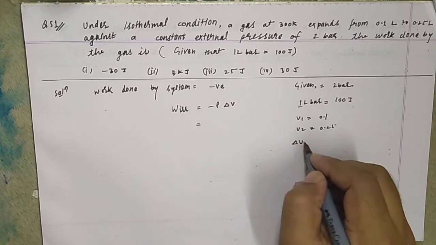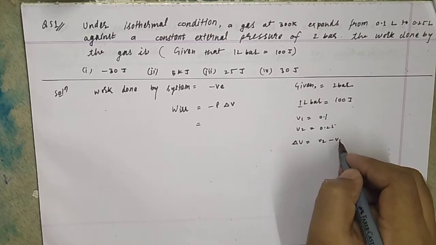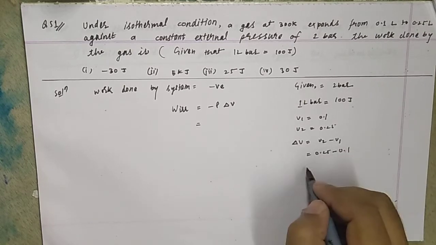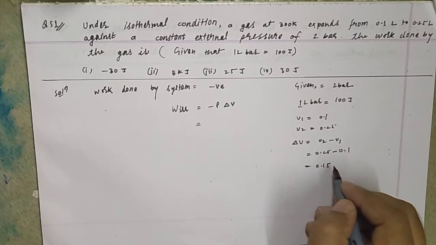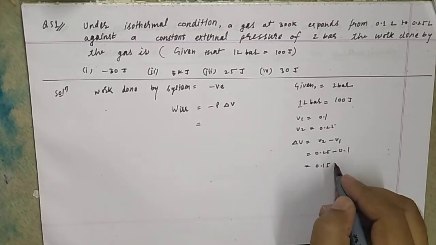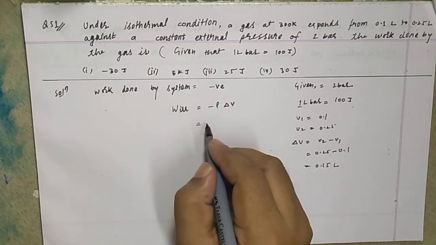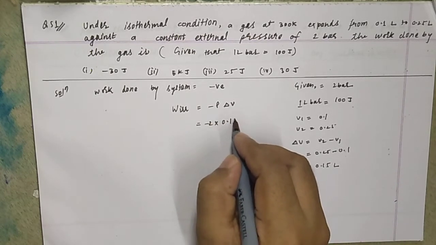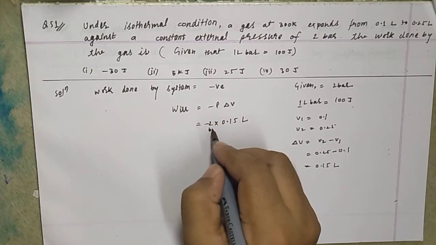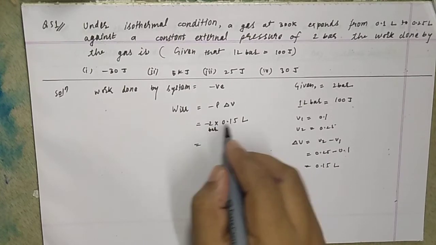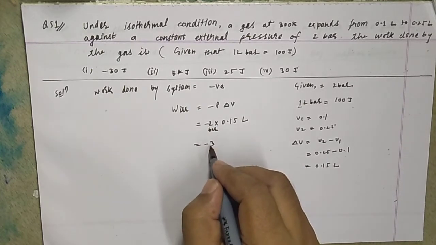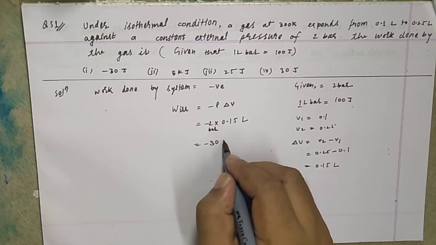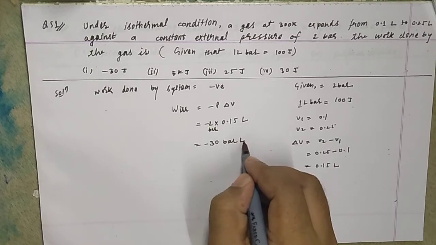So delta V equals V2 minus V1, 0.25 minus 0.1, so 0.15 liter. So minus 2 into 0.15 liter bar, that is minus 0.30 bar liter.